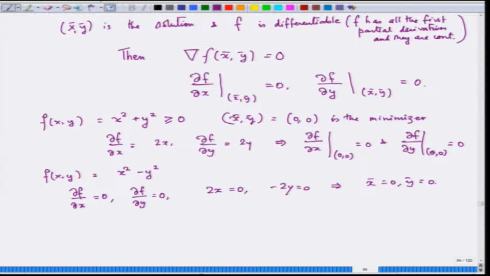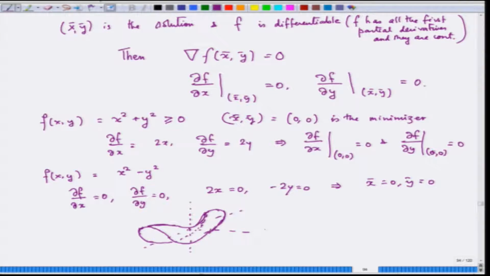But if you draw the graph of this function, which is called the saddle graph, something like this. I have obviously not drawn the graph very well.